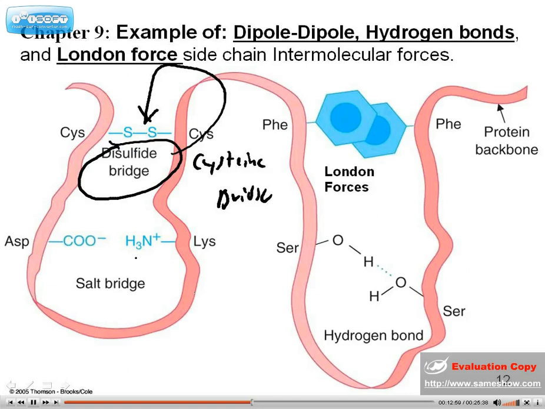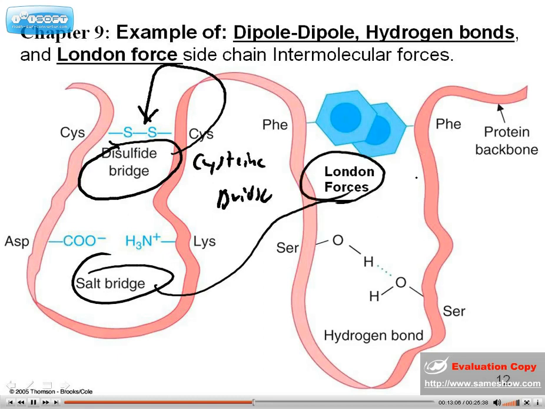We then talked about salt bridges. We just talked about that now. Here we talked about the hydrophobic effect, also known as London forces. In this case, we have two phenylalanines represented as PHE, and they're attracted to each other. And so these two phenylalanines are actually on top of each other.